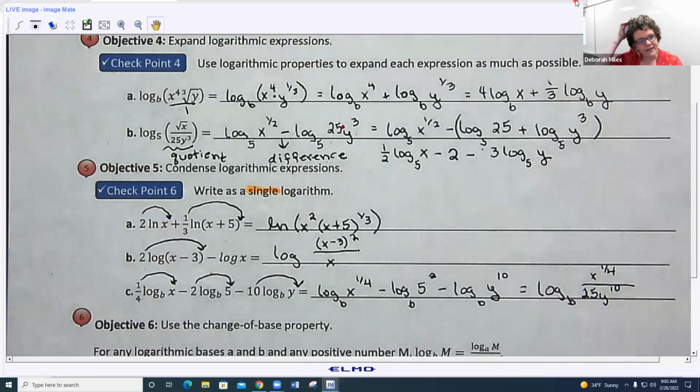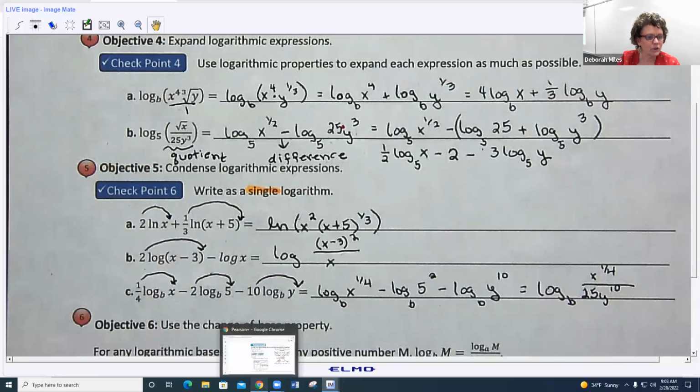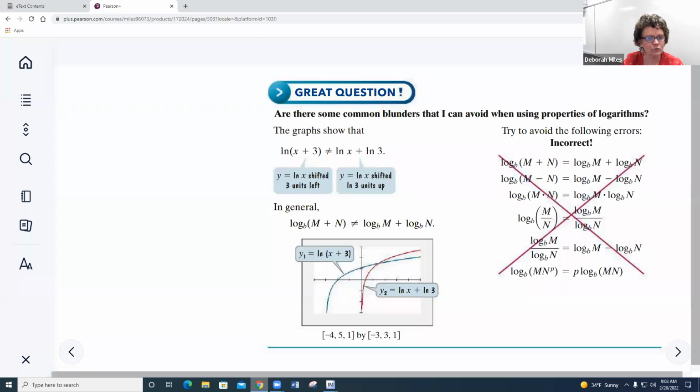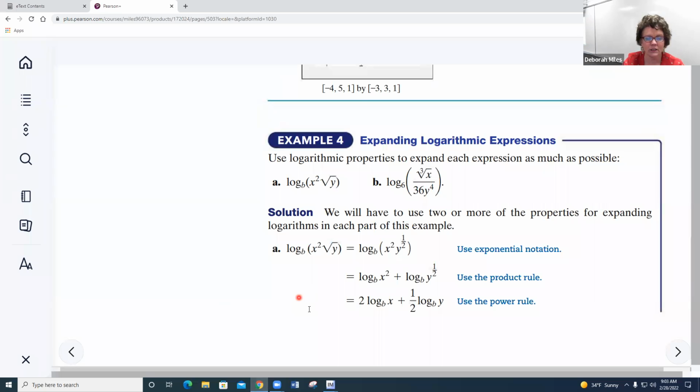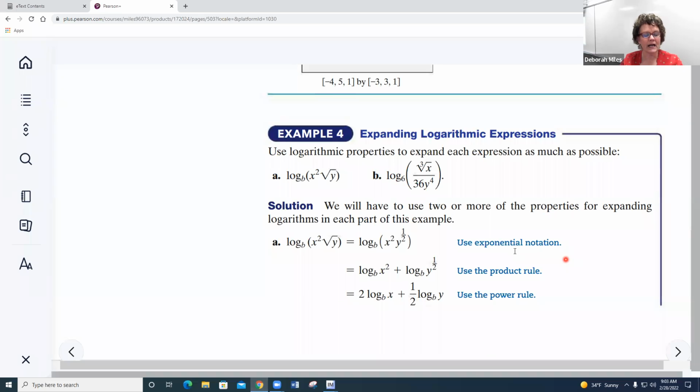All right. I feel like you may need some more examples of that, but the examples in the book are so good, I never want you to stop referring to those. Example 4 is taking logarithms apart. And I love how Mr. Blitzer right out there in blue beside each step is telling you which property he's using.